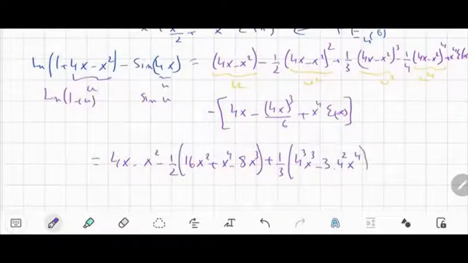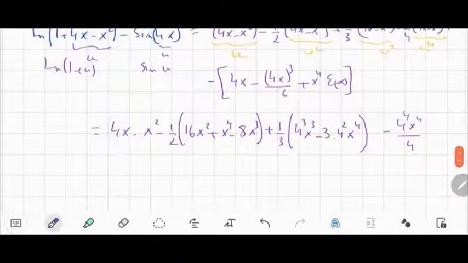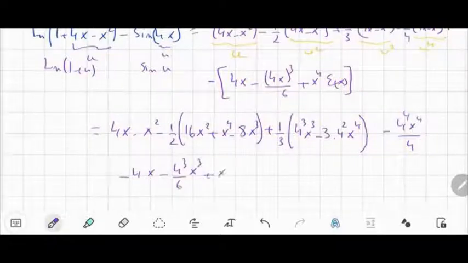So we stop here for this term. Then from the last term we will have 4 to the power 4 x⁴ over 4, and that's all we're going to take from it. So this is for the logarithm part, minus 4x minus 4 to the power 3 x³ over 6 plus x⁴ epsilon of x, and here also we can add x⁴ epsilon of x.